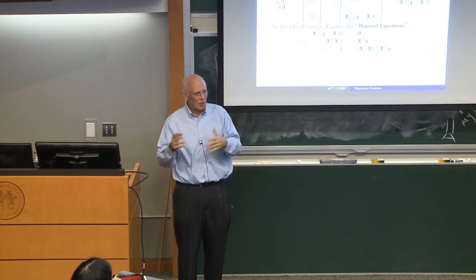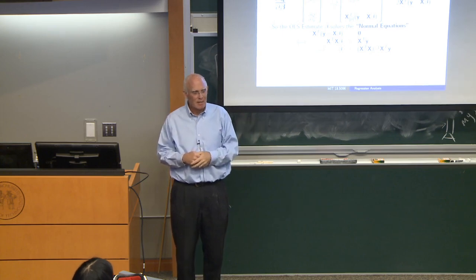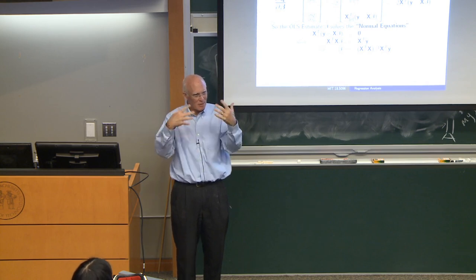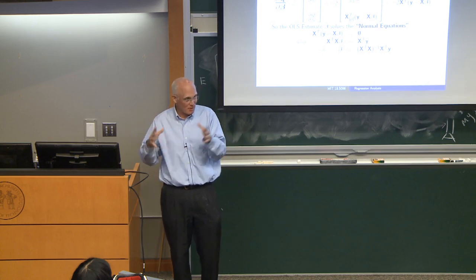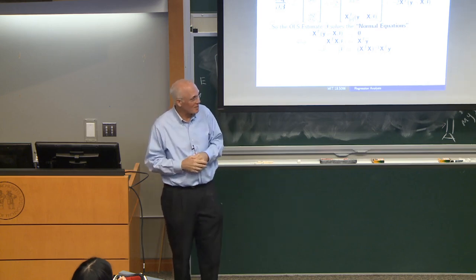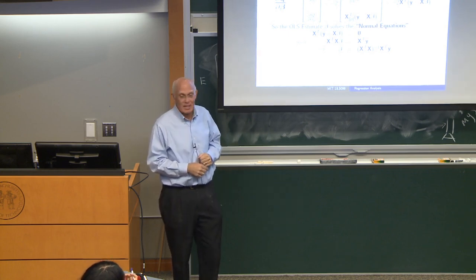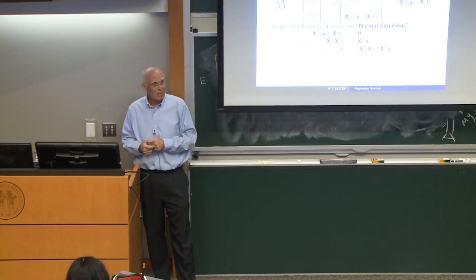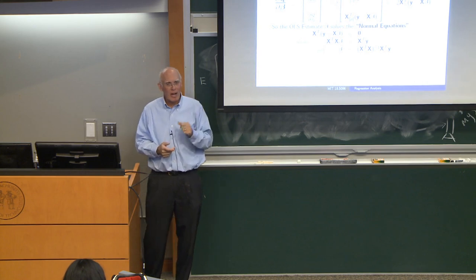X transpose X can be expressed from the singular value decomposition as one of the orthogonal matrices times the square of the singular values times that same matrix transpose, if you recall that definition. That basically provides a solution for X transpose X inverse from the singular value decomposition of X. But what's required is that you have a full rank in X.